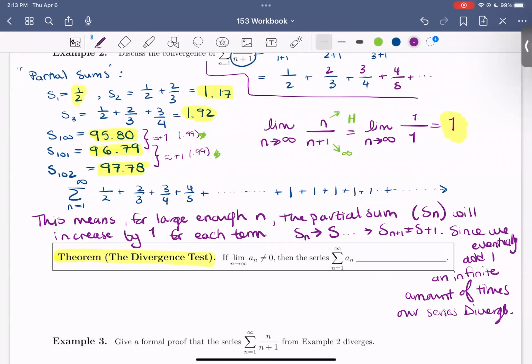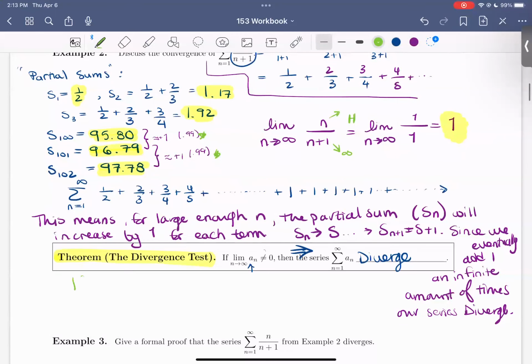So this theorem says the following: if the terms in your series, those terms themselves that we're adding up, do not go to 0, then the series of infinite terms, the sum from n equals 1 to infinity of a sub n, must diverge. So if the limit of these terms does not go to 0, then that implies the series diverges.